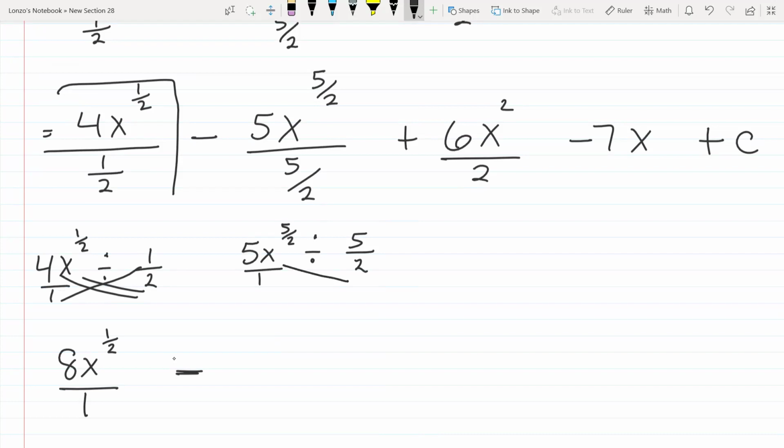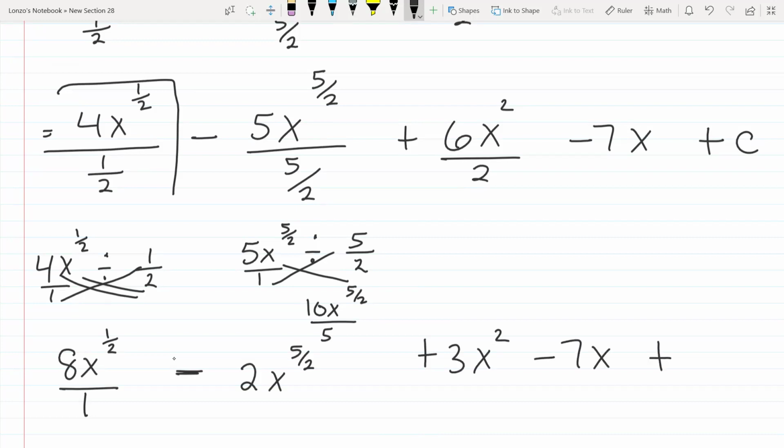Cross multiply, so this would be 10x to the 5/2, and then 1 times 5 is 5. 10 divided by 5 is 2x to the 5/2. And then 6x squared over 2 is just 3x squared, minus 7x plus c.